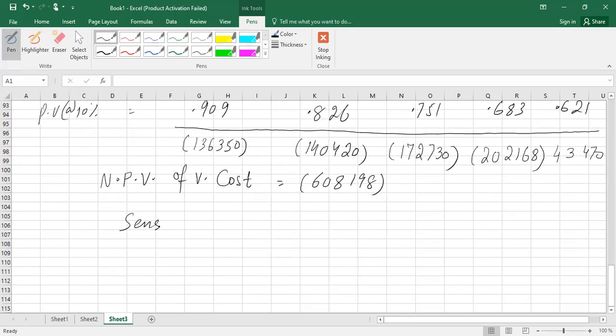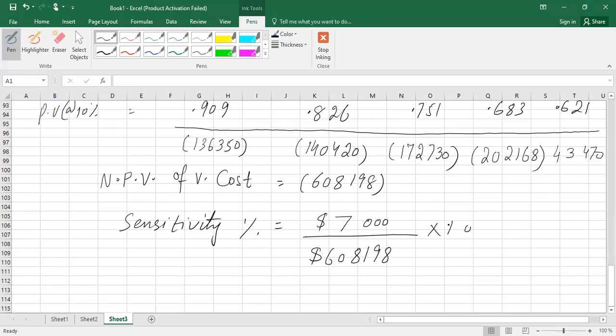Now calculate the sensitivity percentage. Suppose NPV is $75,000, divided by the present value of the relevant cash flow, which is after tax, 608,198, into 100.